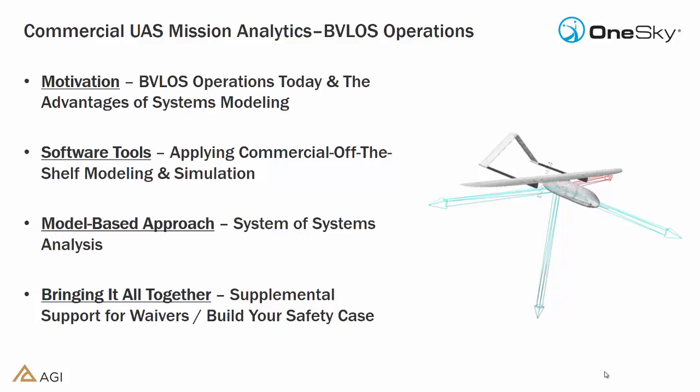We'll show some of the software tools we use, namely AGI Systems Toolkit software, and how the model-based system of systems approach is used to gain high-fidelity understanding of the pieces and procedures involved in the modeled missions. And finally, we'll tie it together with the ability to use this analysis to help support and supplement waivers and build the safety cases needed for what is hopefully an approval for the modeled operation.